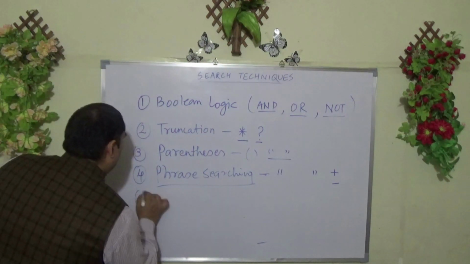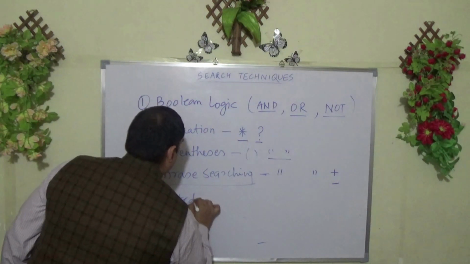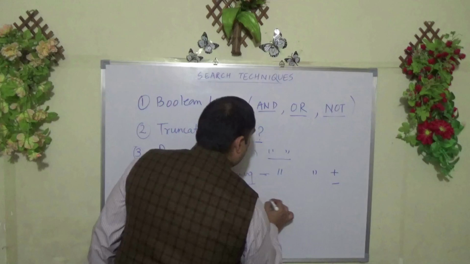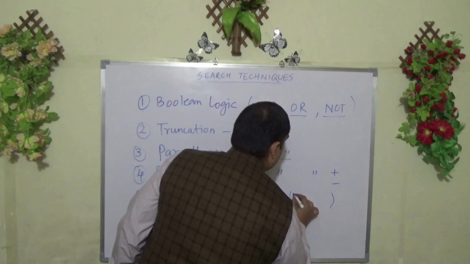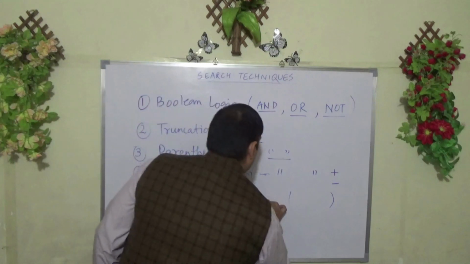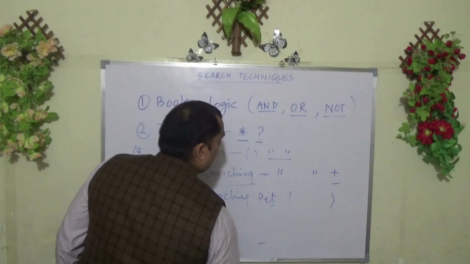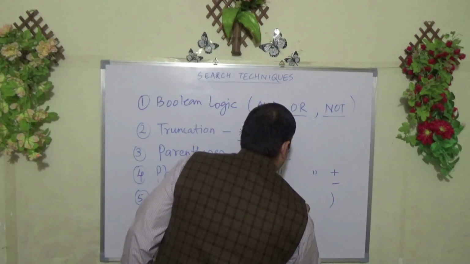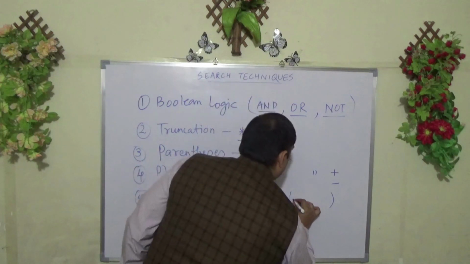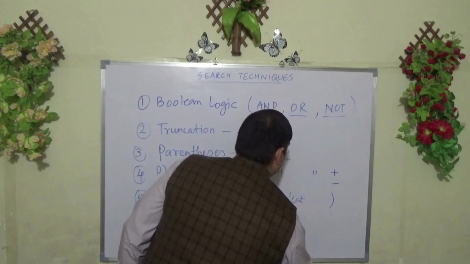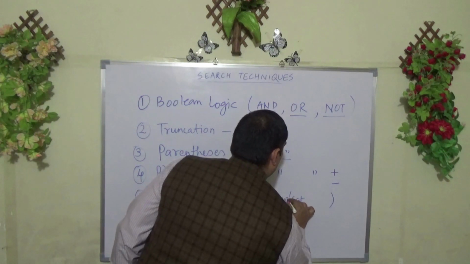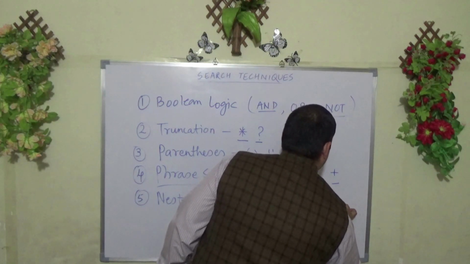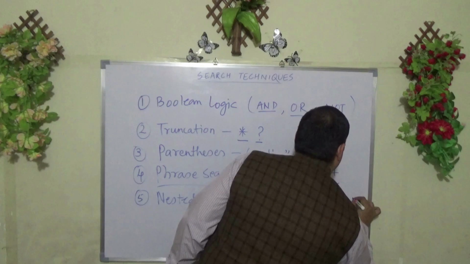The fifth one, we discussed nested searching, in which the database prefers the parenthesis, whatever we give in the bracket first. For example, we saw one example: pets, and, cats, not, cats or dogs, and behavior.